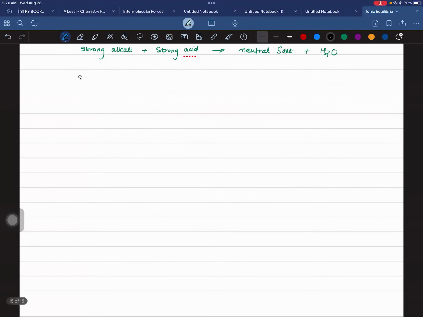What if you are going to react any strong base with a weak acid? Can anyone tell me what type of salt I am going to obtain? Acidic salt, basic salt, or neutral salt?